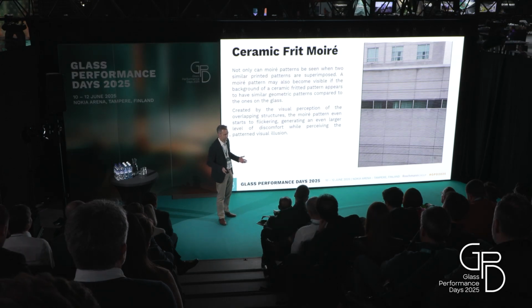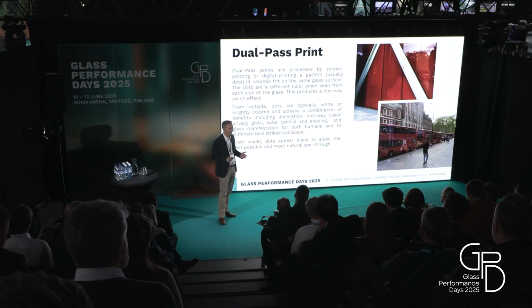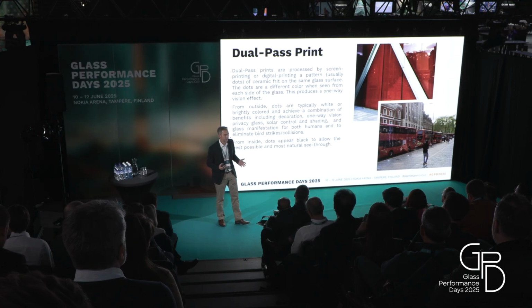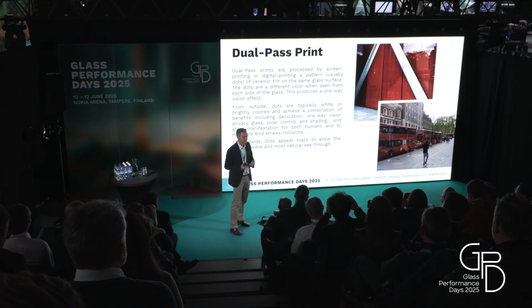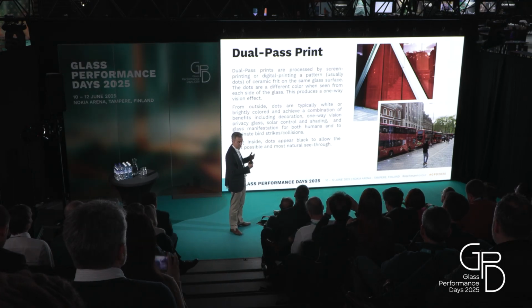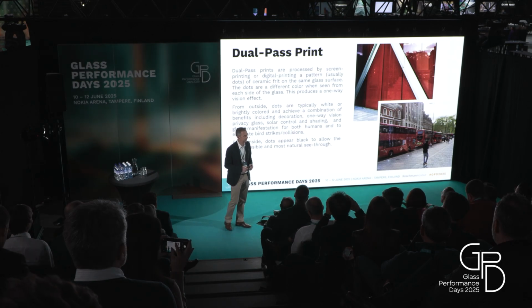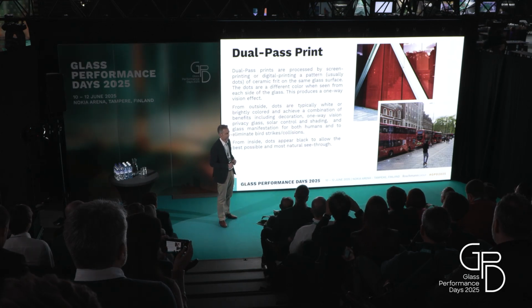So how am I doing this? I'm doing this with a dual pass print. A dual pass print is nothing else than a ceramic screen print or a digital print, which works with two different colors.